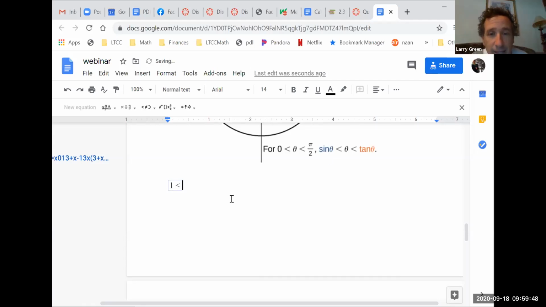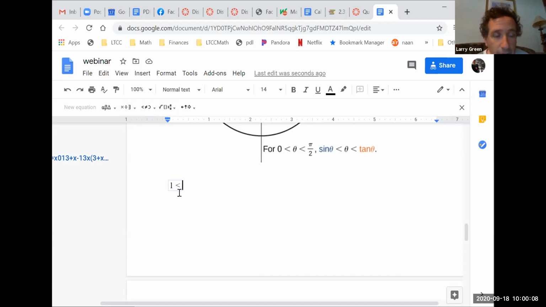Okay, and that's going to be less than. And by the way, if theta is between 0 and pi over 2, then sine of theta is positive. So dividing by a positive number does not change the inequality. Remember, dividing by a negative number does. But I'm allowed to divide everything by sine of theta because it's positive, and I don't have to worry about an inequality change.